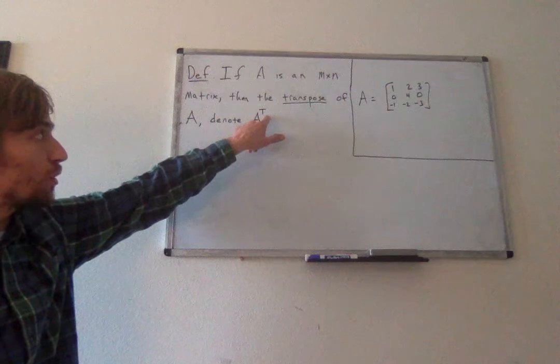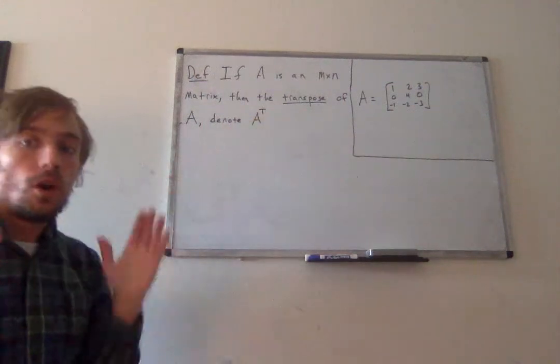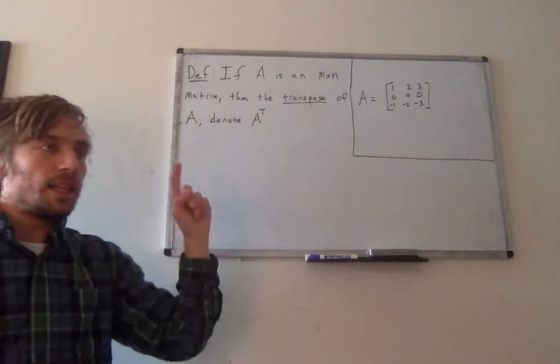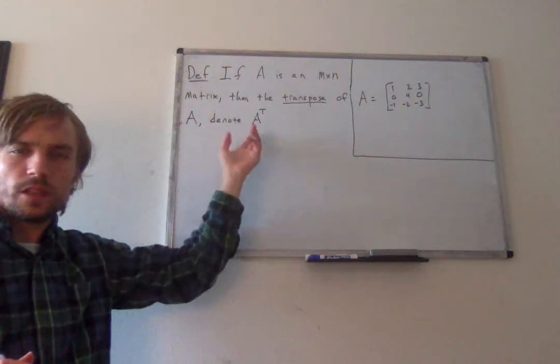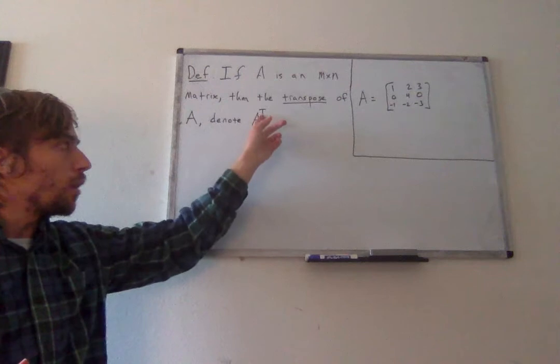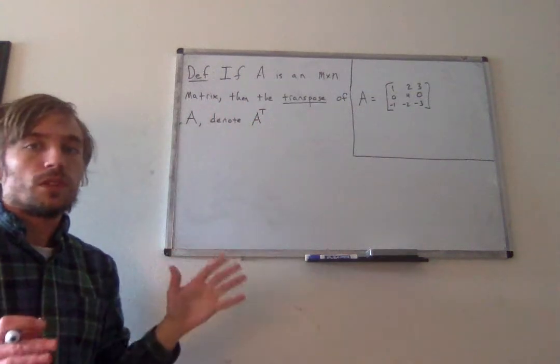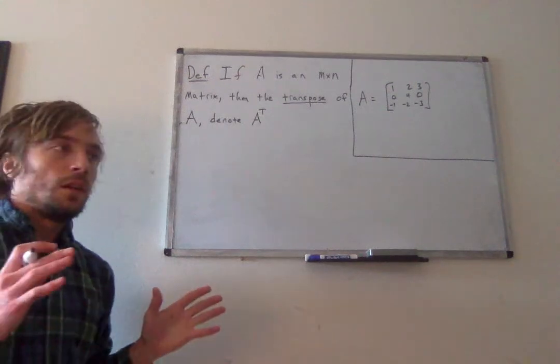If you see A superscript T, this is always, always, always asking for the transpose. It's very tempting, because this looks like A to a power, to want to think that this is A to some power. This is A transpose, which as we'll see is very different from A to a power.